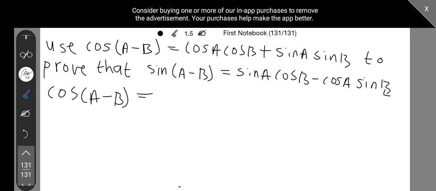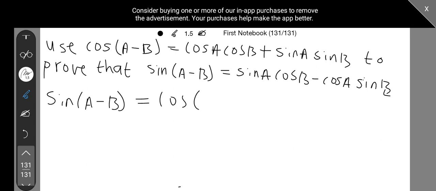I know that the sine of A − B is the same as the cosine of 90 − (A − B). So that's what we must know. It's a cofunction.